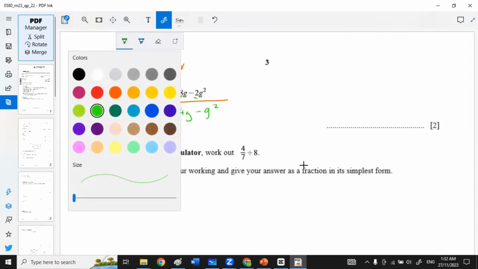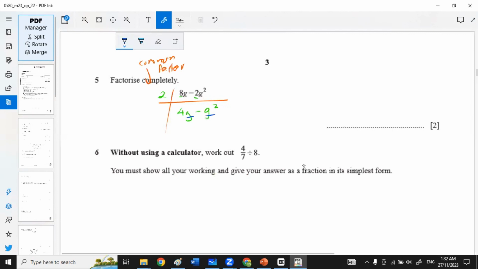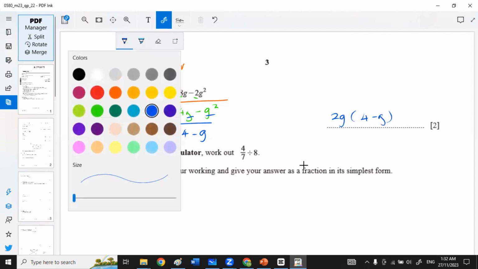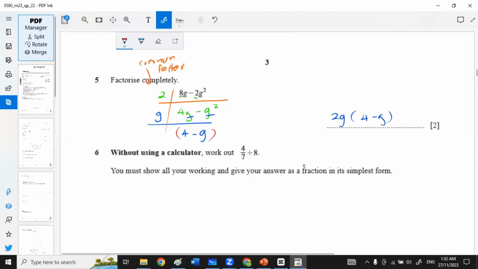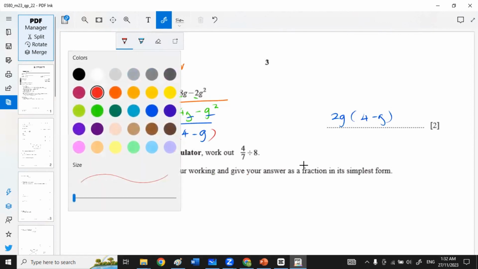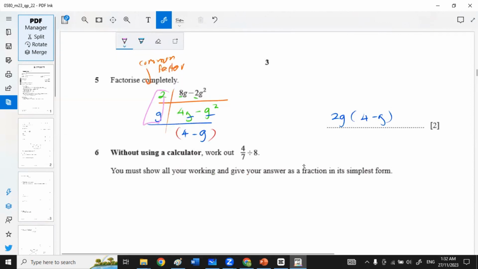Then the unknown g and g, take the g outside, you get 4 and g. So your factorized form will be 2g, 4 minus g. This will be in the bracket. This will be outside the bracket. Here.